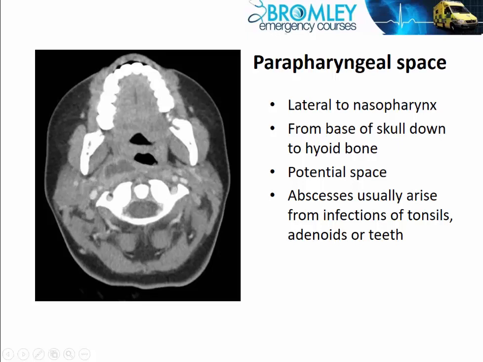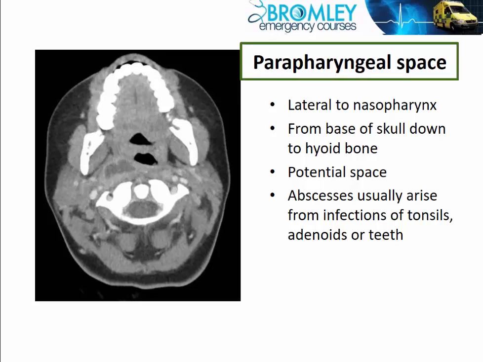Let's focus on these other spaces within the head, potential spaces that are all connected to the neck, which are important in the spread of infection. First of all, there's what's known as the parapharyngeal space. So this is higher up, just underneath the skull. So the top of this space, in fact, is the skull.